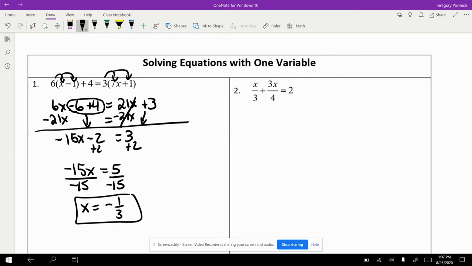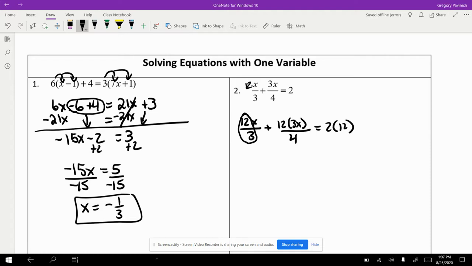And then I'm going to multiply all 3 pieces, right? When I multiply, I've got to do it to everything. So I'm going to do 12x divided by 3 plus, and then I have this 12. I'm going to leave it out in front of the 3x here, because I want the 12 to reduce. So up here when I multiplied by 12, it's not going to bump up the number.